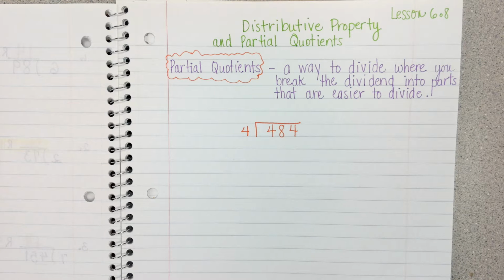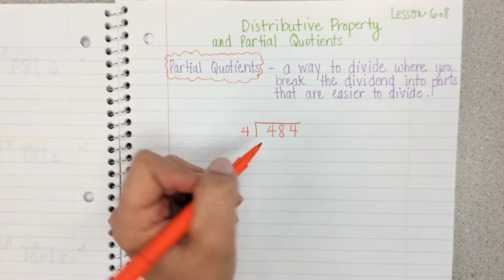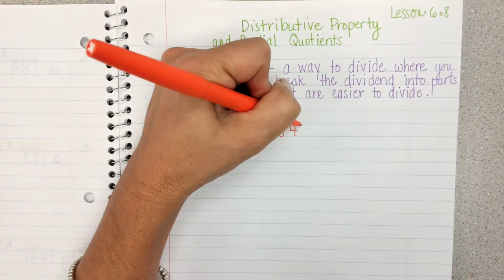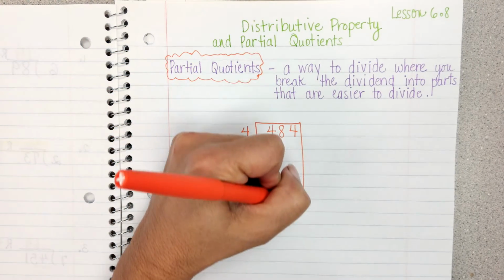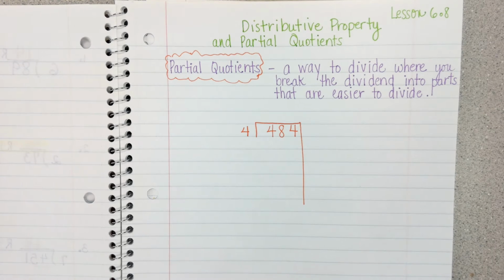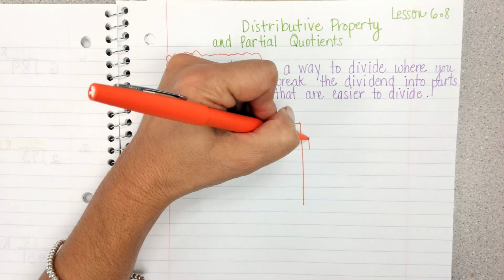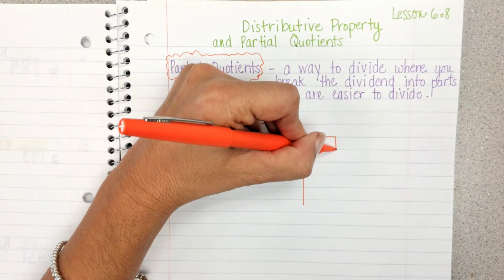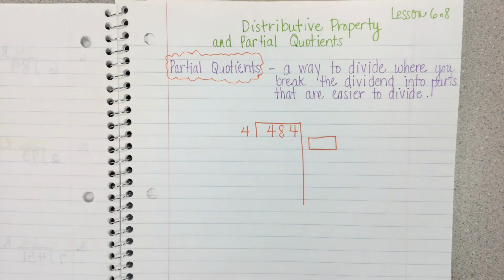We're going to try to make this as easy as possible. So 4 times 100, oops, hold on. I better draw it out. And I'm going to make a box here. Okay, that's more like it.